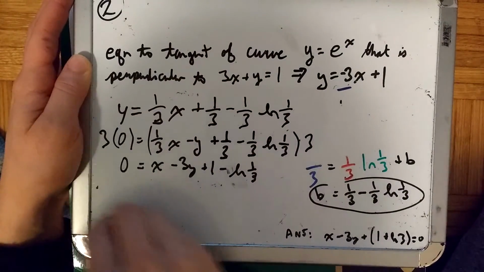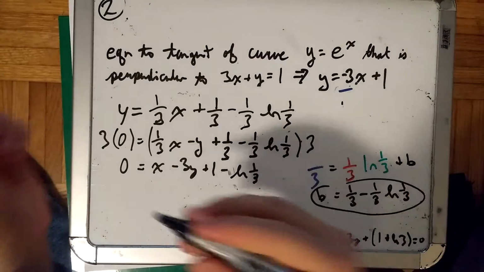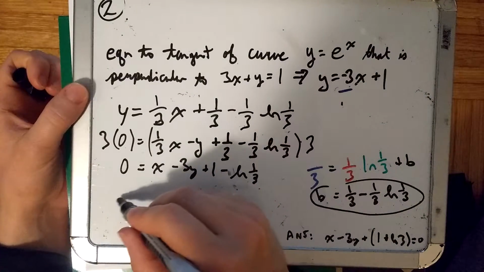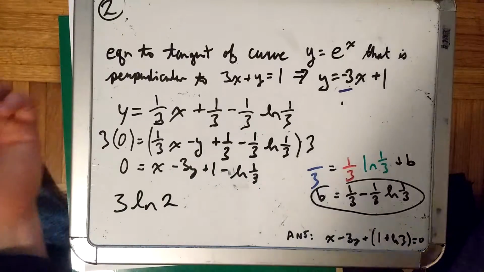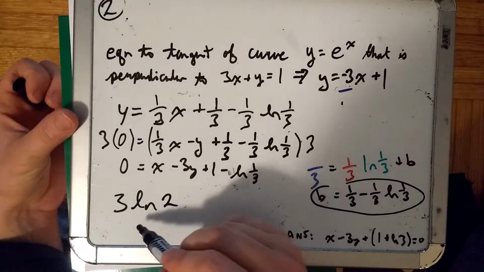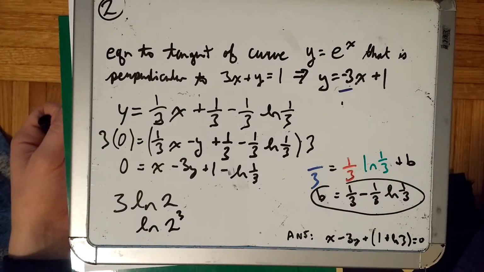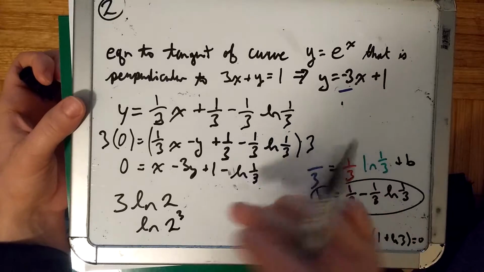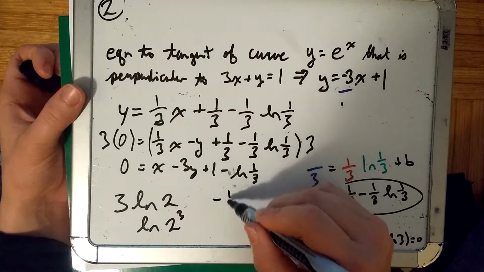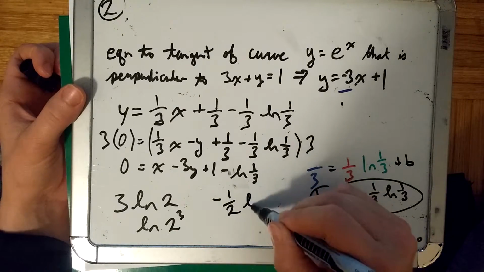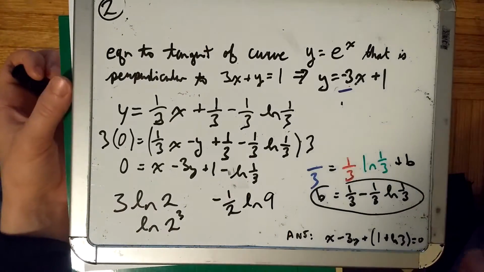So what we can do is remember the rules of ln, okay, which are really cool. Let's just say you had, for example, 3 ln 2. This is equal to ln 2 to the power of 3, remember? Okay, so I'm going to let you try one. So let's say we had negative 1/2 ln 9.